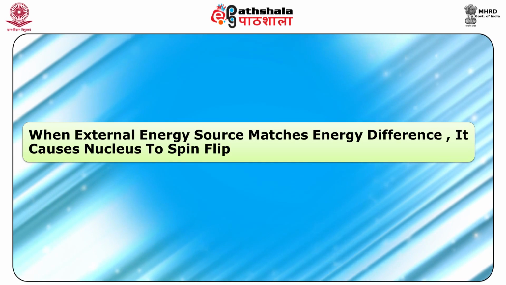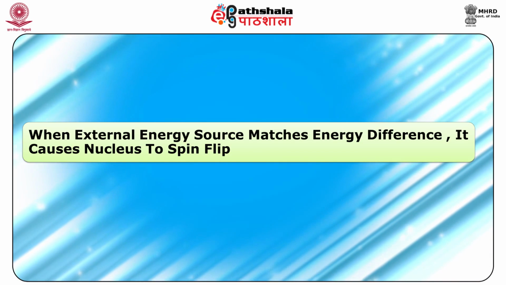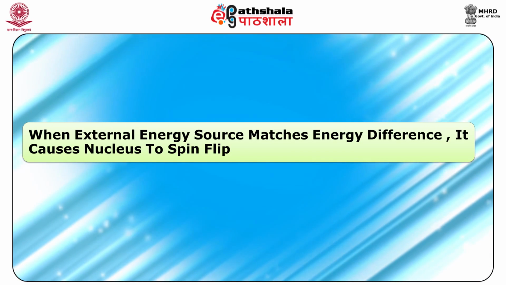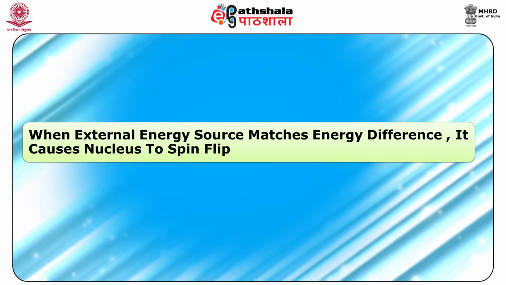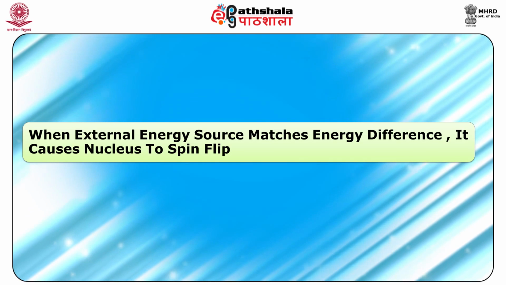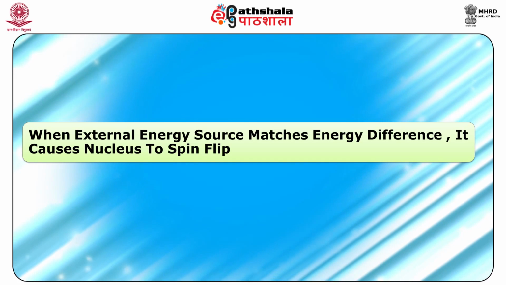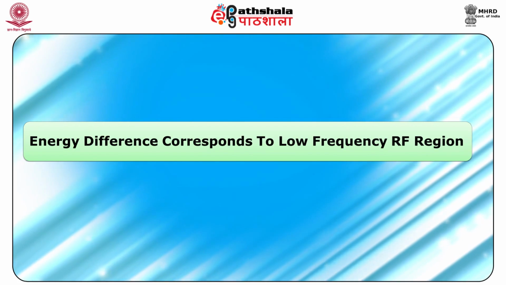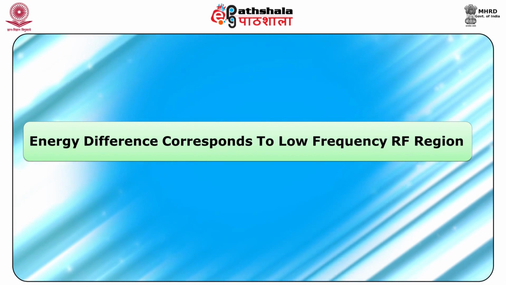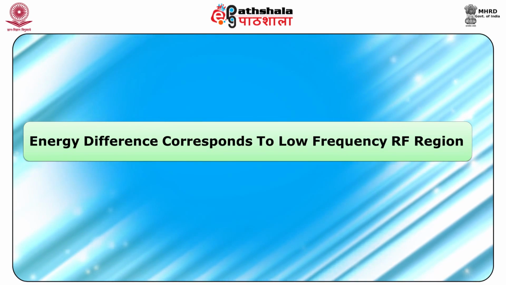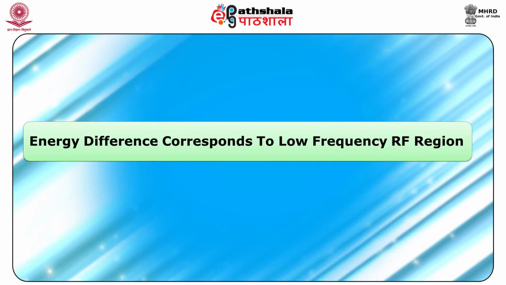When an external energy source hν that matches the energy difference ΔE between these two states is applied, energy is absorbed, causing the nucleus to spin flip from one orientation to another. The energy difference between these two nuclear spin states corresponds to the low frequency RF region of the electromagnetic spectrum.